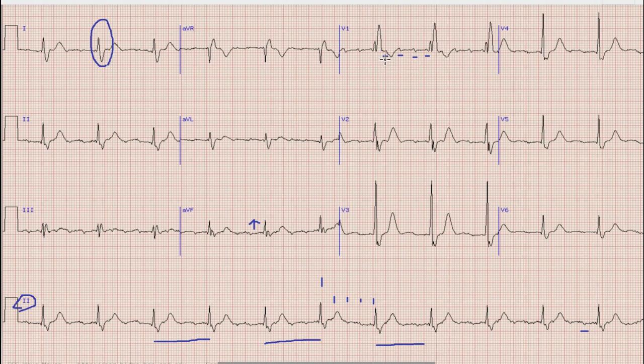So there are 1, 2, 3 and 4 P waves before the QRS complex. Similarly, the same is the case here, where the QRS is preceded by 1, 2, 3 and 4 P waves.